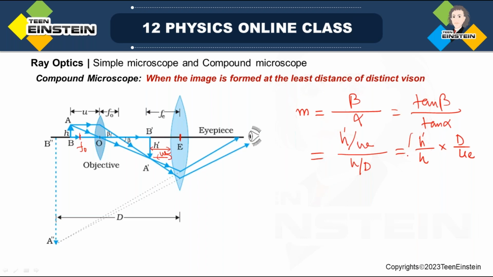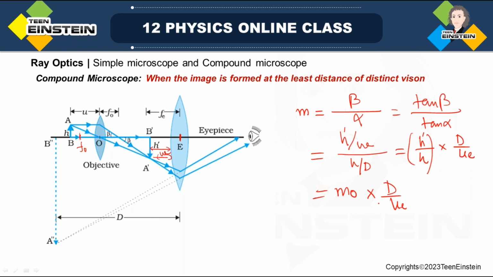Along with that, this is the magnification by a simple lens, this is by the objective lens, and into this d by ue.